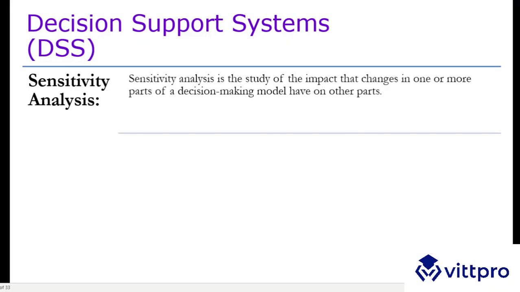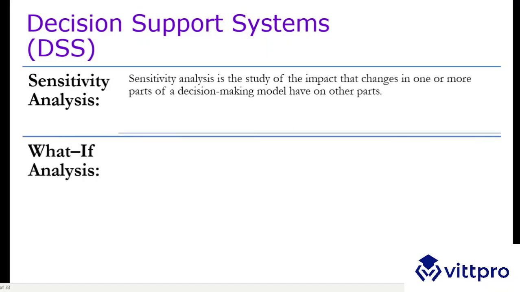So they will get the inputs, and then they will do a sensitivity analysis. It means, what is the minimum level I need to achieve if I need to remain profitable? What will be the impact of a 1% change in inflation on my project? So these are called sensitivity analysis.